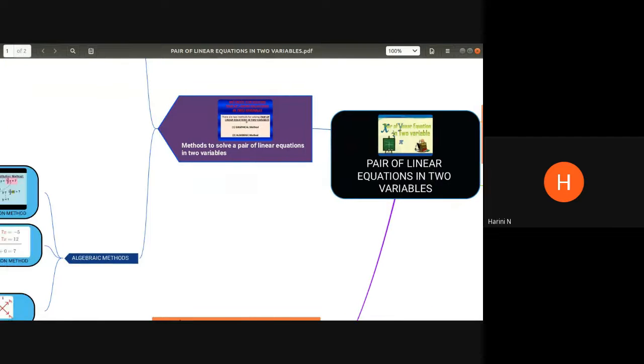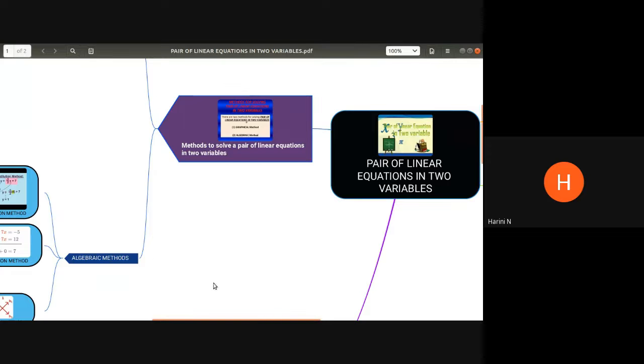All right. Then coming back to the other side, once we know how to graphically represent a pair of linear equations, the next step we have is the algebraic solution. How do you find the solution without drawing the graphs of these equations? The first method anyway is the graphical method. The second one is the algebraic method.